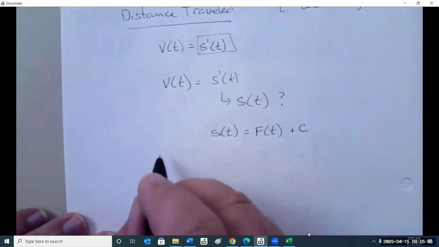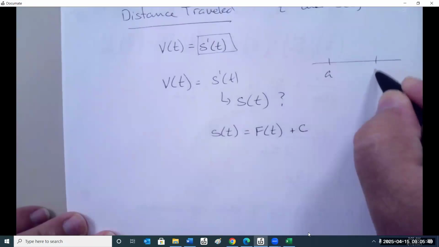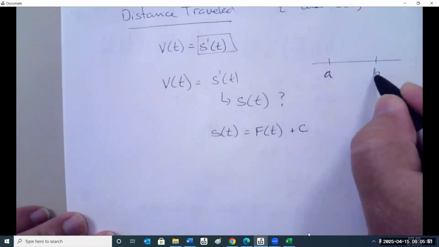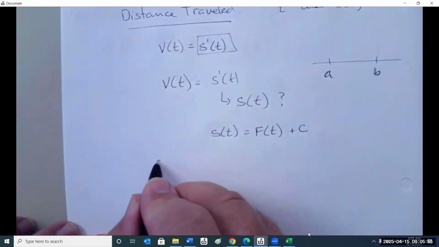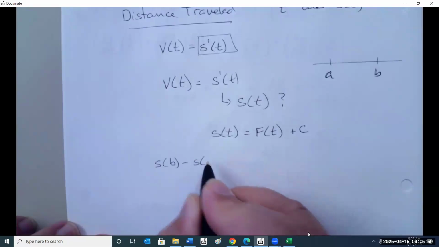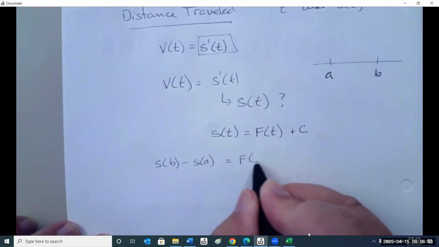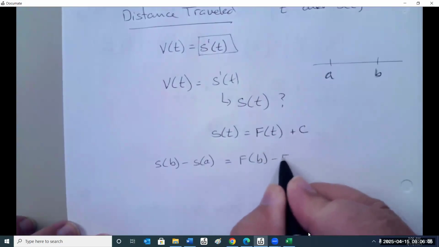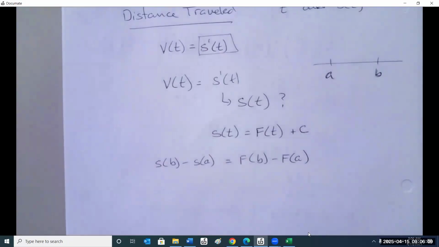So if we have a moving object from point A to point B, then our distance traveled is the difference between our functions. This tells us how far we traveled.